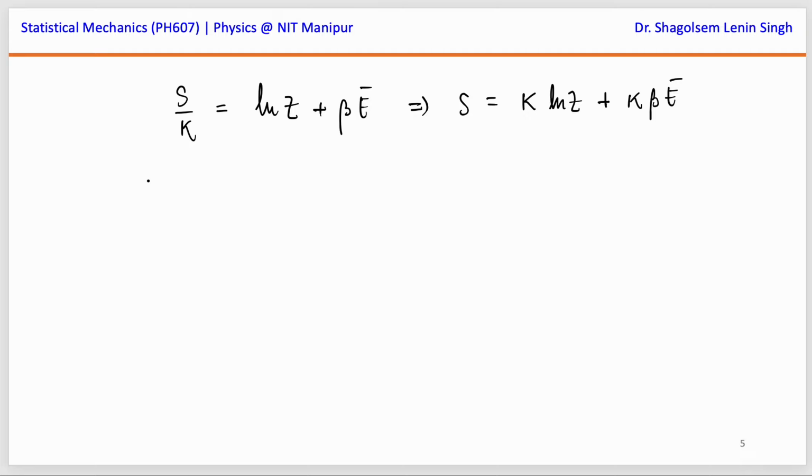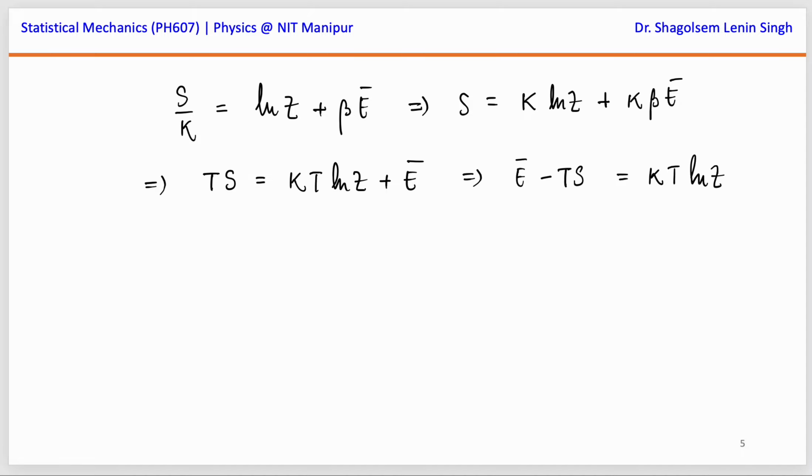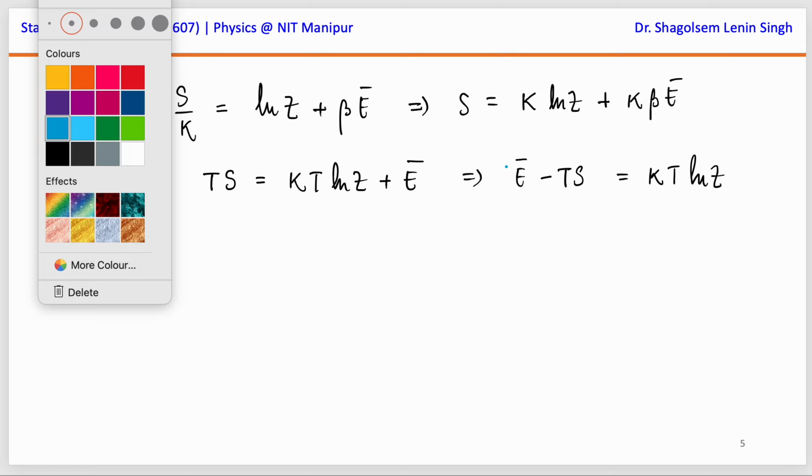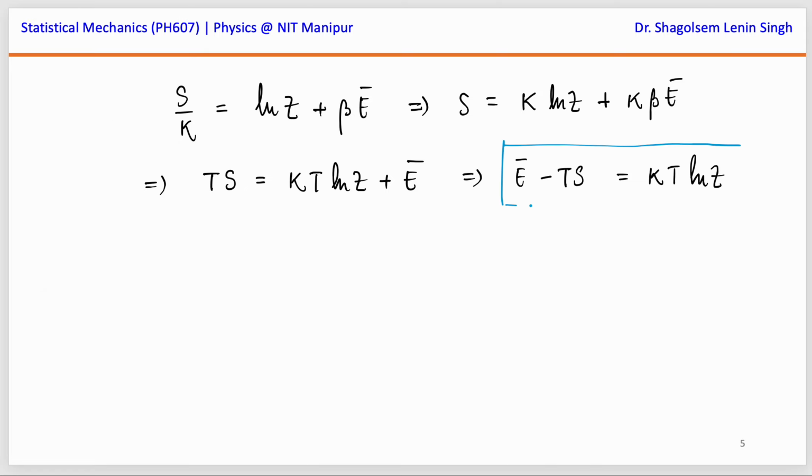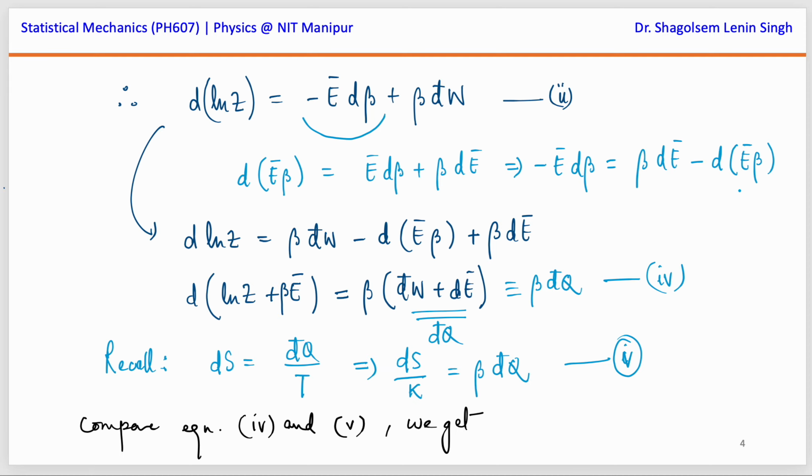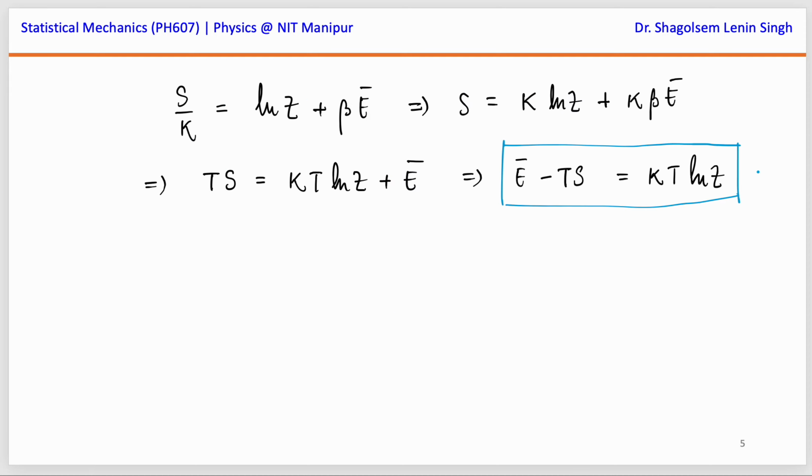Now this can be rewritten as follows: kT log of Z plus E bar. And E bar minus TS is negative kT log of Z. Okay, so let's fix a number for this expression here. So this is equation number 6.